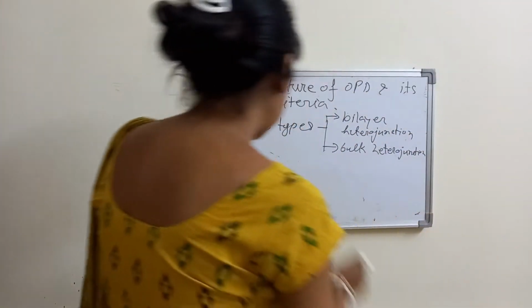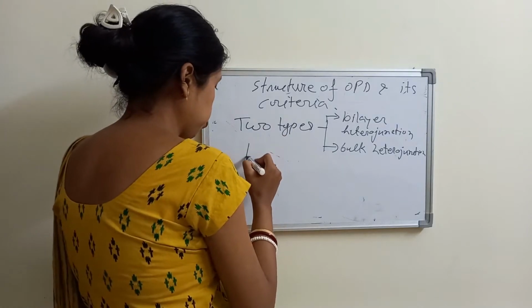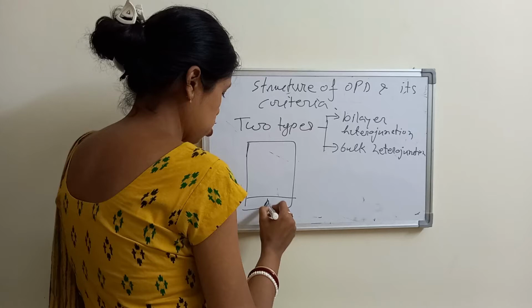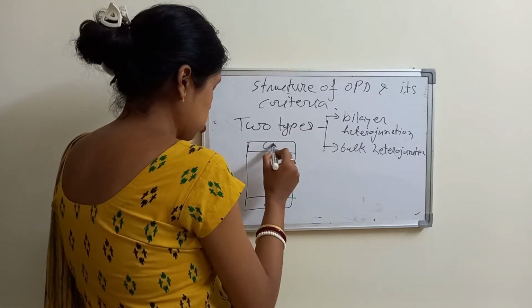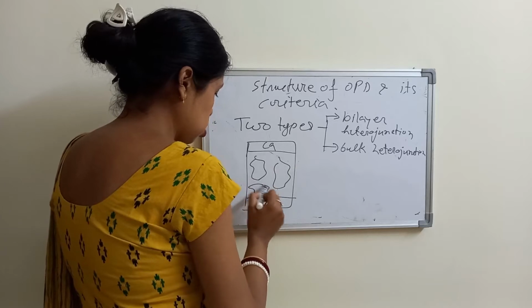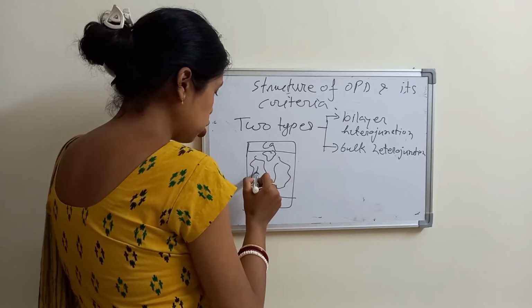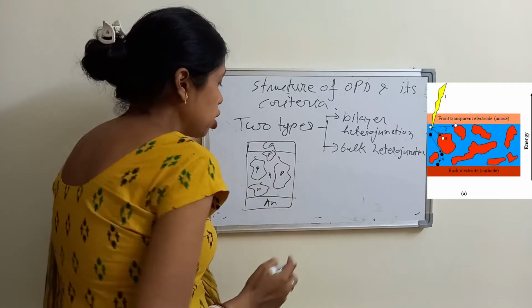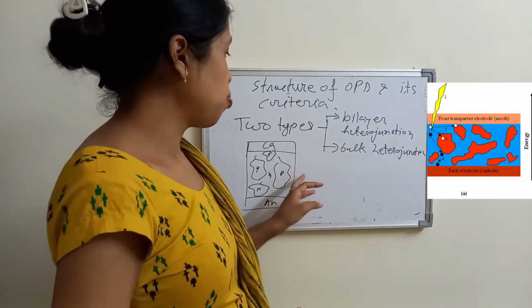In the case of the bulk heterojunction, suppose this is the P type and this is the n-type material. So how can you design the bulk heterojunction?